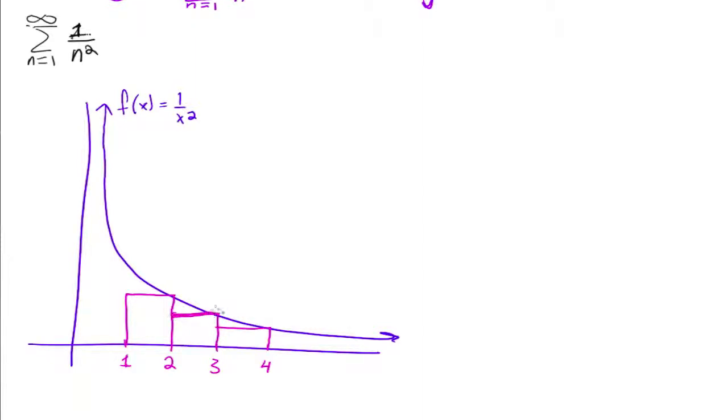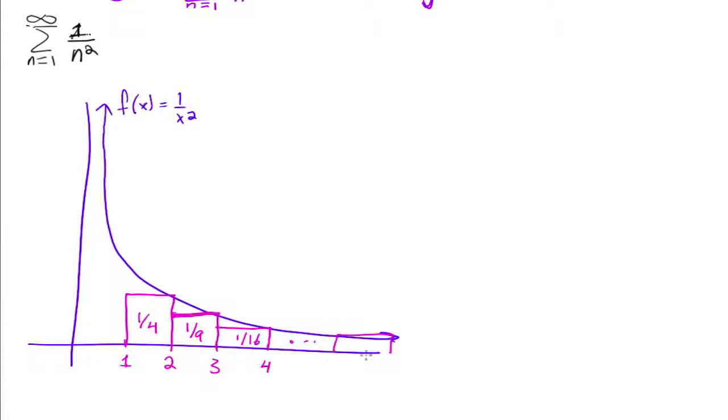All right, so what's the area of this first rectangle? This is not 1/2, it's 1/4, because it's 1 over n squared. So this is 1 over 2 squared, 1/4. This is 1 over 3 squared, or 1/9, and then this is 1/16, and so on and so forth, right?